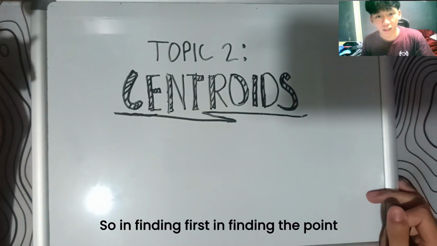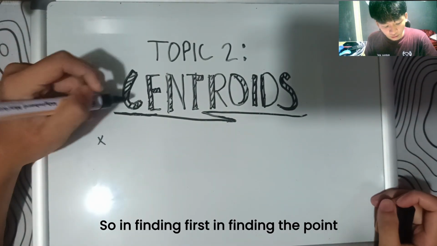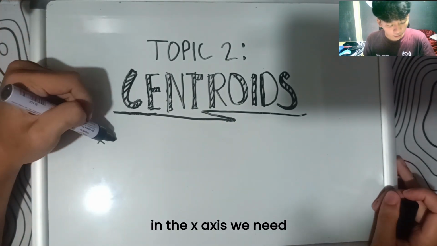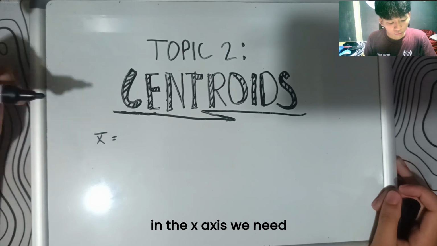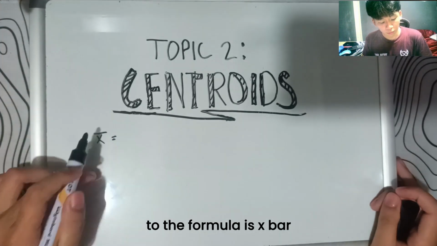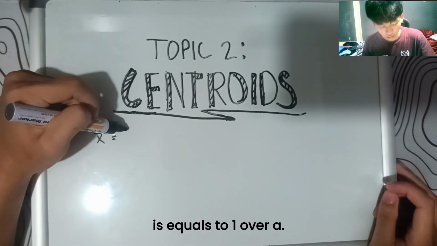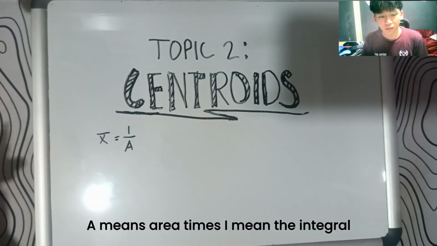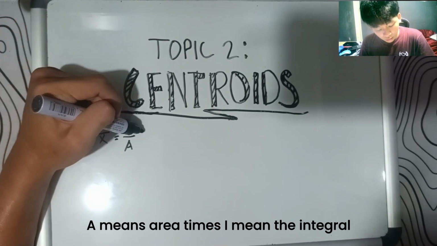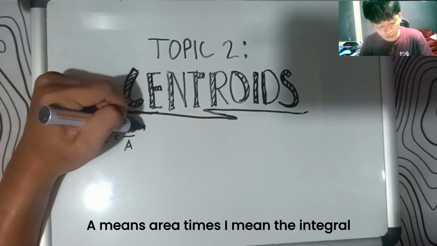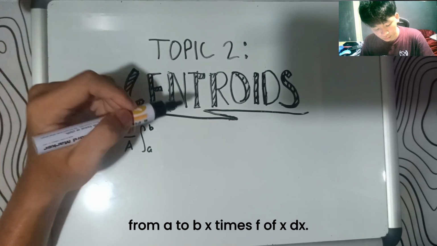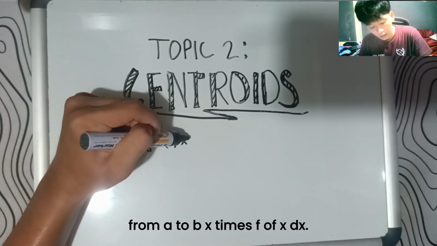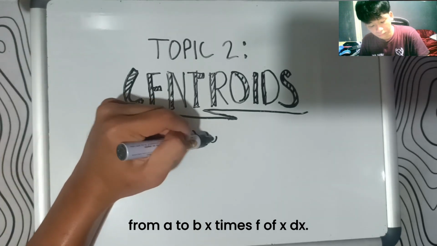In finding the point on the x-axis, the formula is x bar equals 1 over A, meaning area, times the integral from a to b of x times f of x dx.